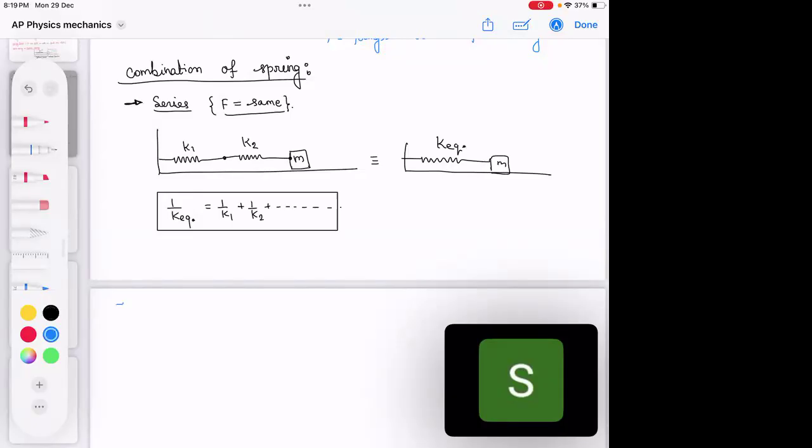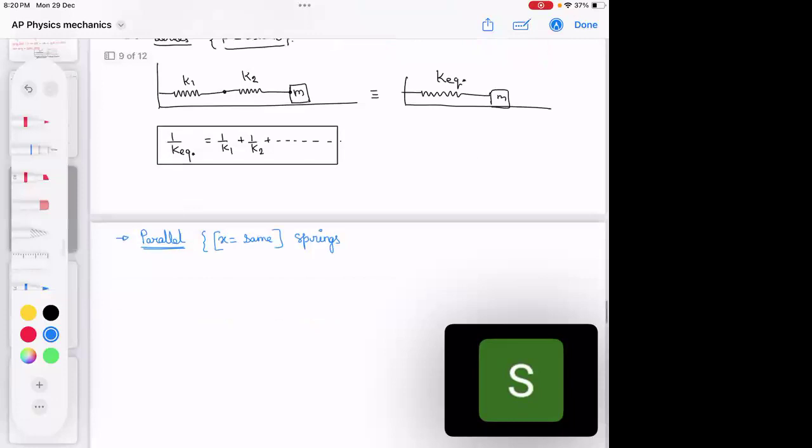The second type of combination is the parallel combination. What remains the same in the parallel combination of springs? X remains the same. What does X mean? X means elongation.